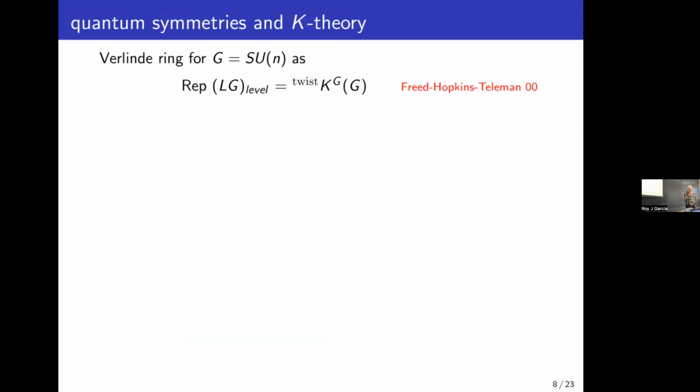Okay, so from Dan and his collaborators, we know that there is this K-theory picture for the Verlinde ring. So I want to relate that to what I said already. So as rings, the representation of the loop group at some level is given by what I've written on the right as equivariant K theory, of G acting on itself by conjugation with some twist.